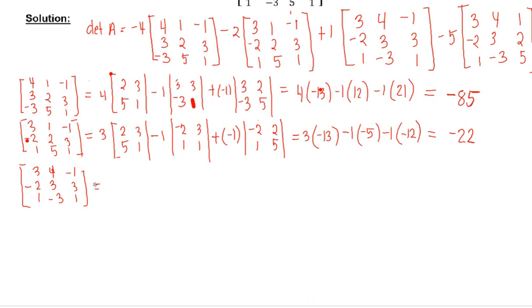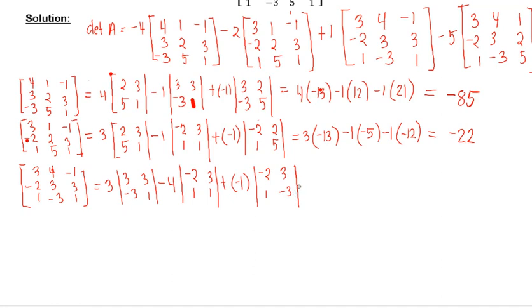So we're going to take the first row as our coefficient. So that is 3 times 3, negative 3, 3, 1, minus 4, that is negative 2, 1, 3, 1, plus negative 1, that is negative 2, 1, 3, negative 3.